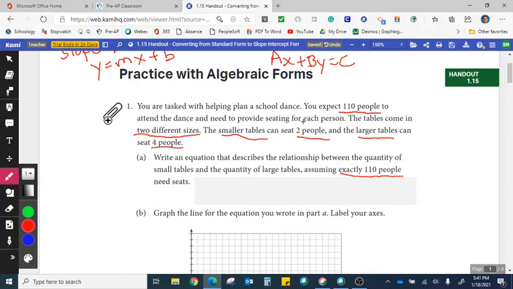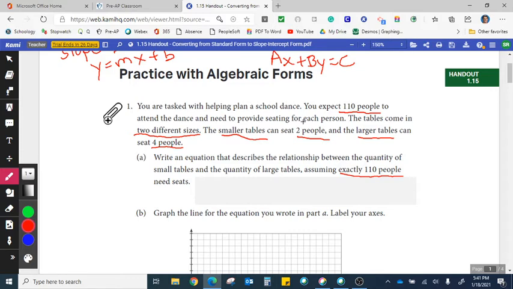It has to equal exactly 110. Okay, so with that being said, any solution that you have for the number of small tables and the number of large tables is a solution, and it will fall on that line.